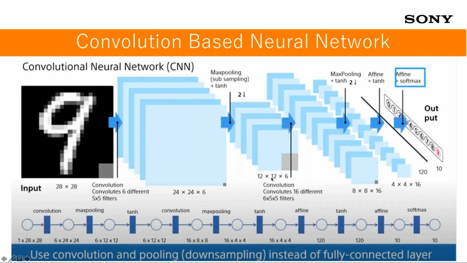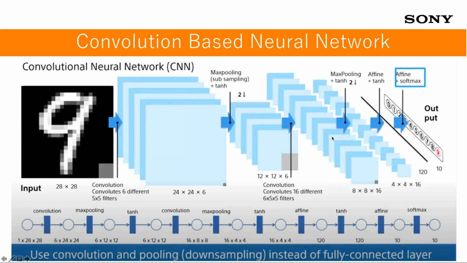So here the 6 filters stay the same, and I divide the height and width, 24 divided by 2 is 12. So you see I pair up the convolution and max pooling together. And now I have a 12 by 12 pixel picture, and I have 6 filters. So now the picture is smaller, right?